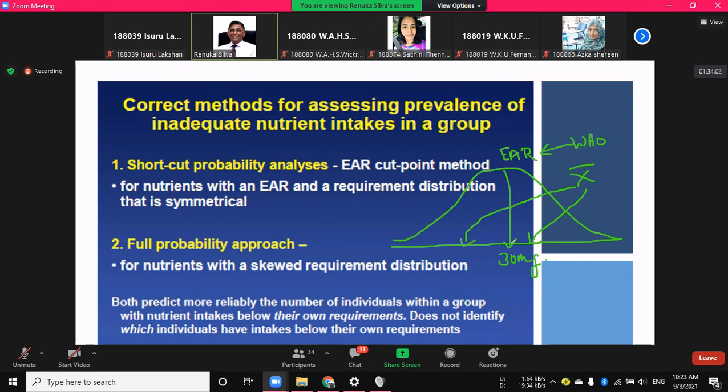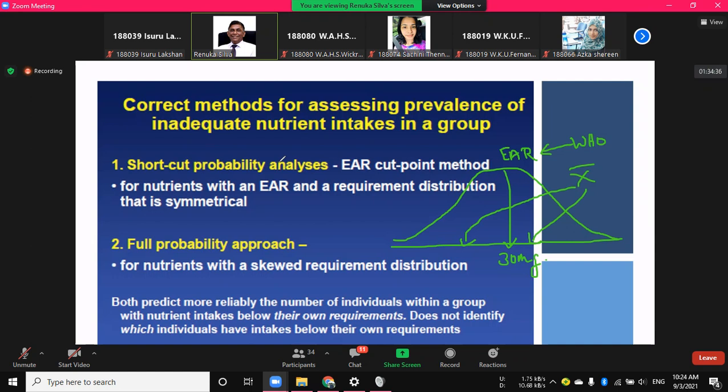Depending on that X bar location, I can decide the probability of inadequacy for this population. Population is your population, this class. This is called the EAR cutoff point method. I compare with EAR. I said that the group mean should be compared with EAR, not with RDA. I'm not going to compare your value with RDA. Right. And there is another method called the full probability method.